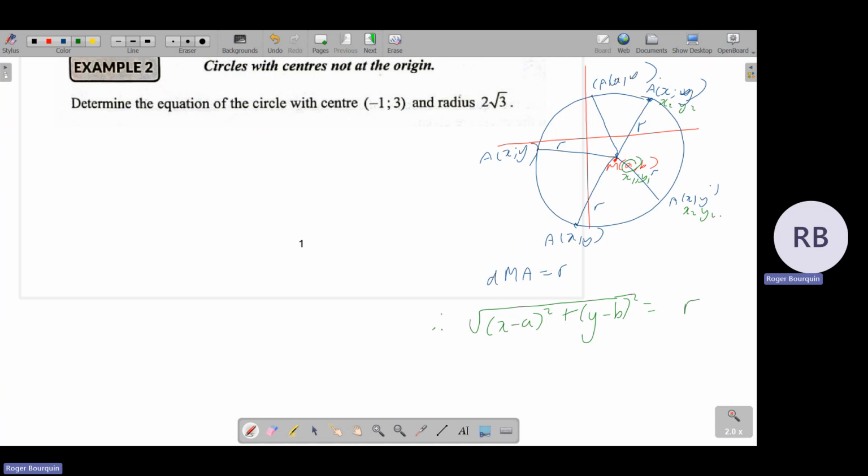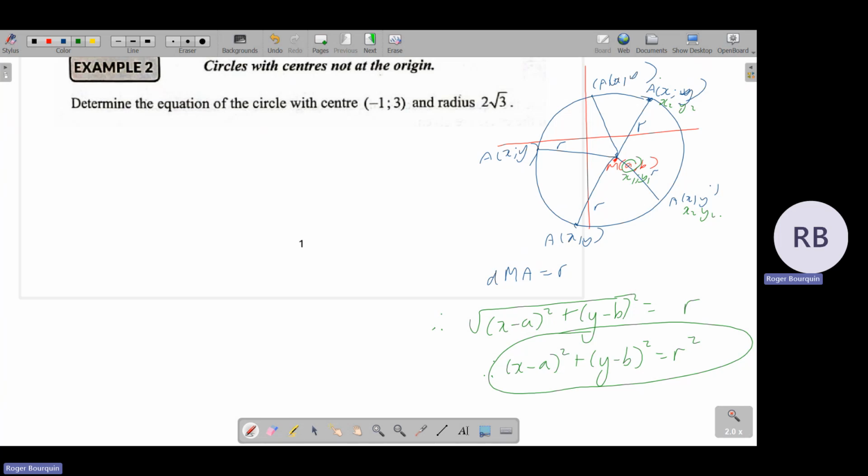Capish? Now, if I square both sides of the equation, I'm left with x minus a squared plus y minus b squared is equal to r squared. And that's where the formula comes from. So the formula for any circle with center AB, what do A and B stand for?